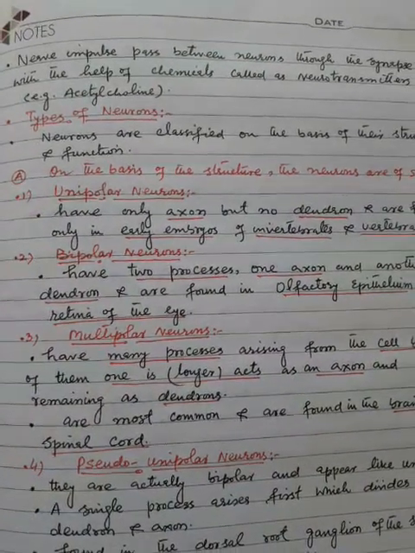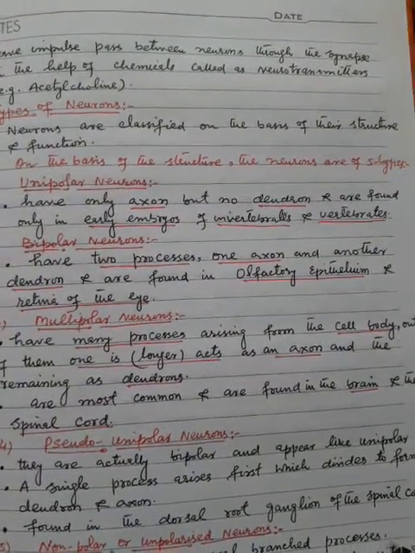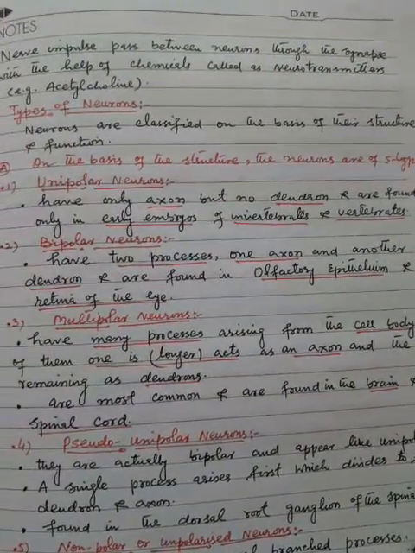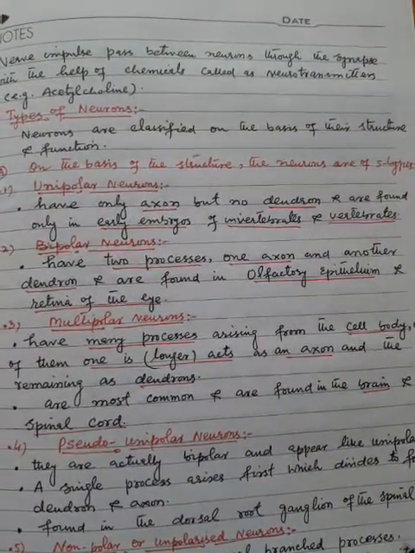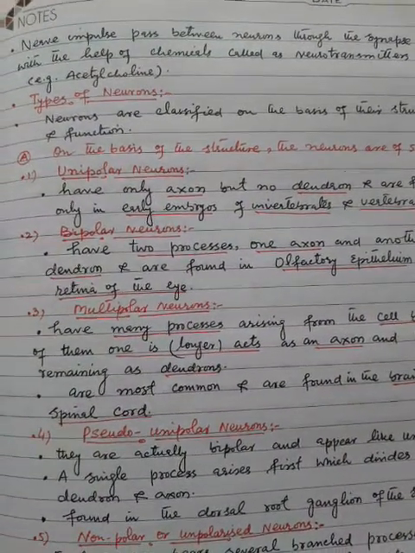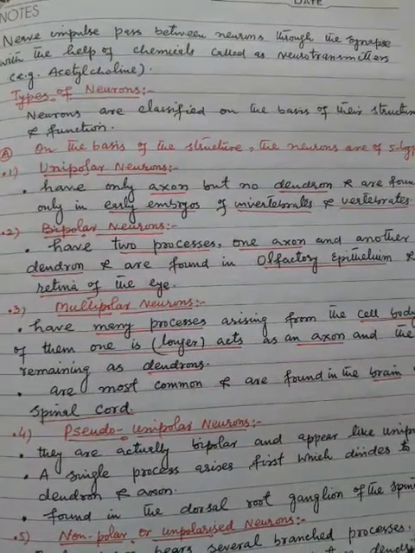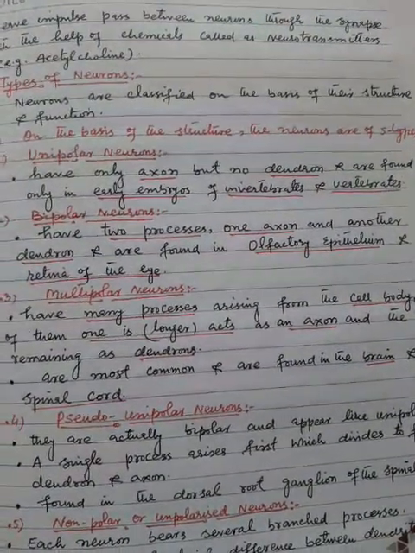Multipolar neurons have many processes arising from the cell body. Out of them, one is longer and acts as an axon and the remaining as dendrons. Multipolar neurons are most common and are found in the brain and the spinal cord.